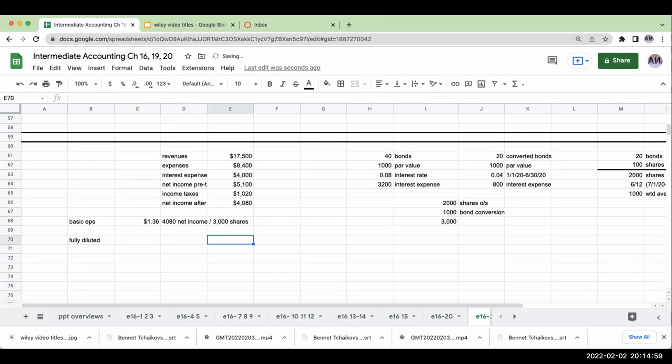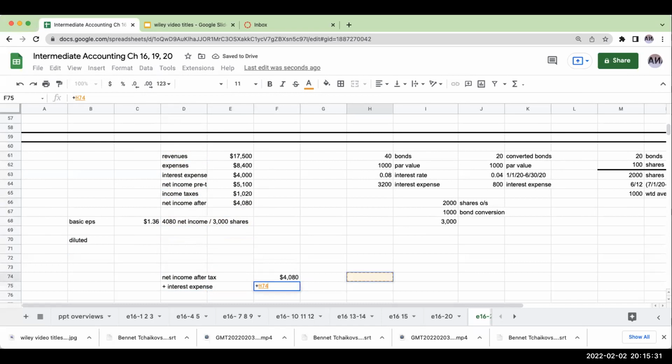Okay, so for my diluted, I've got revenues, those haven't changed. Expenses, right? So let's just go ahead and start over here. So we have net income after tax of 4,080, right? And what I would go back through here and do is add back in my interest expense.